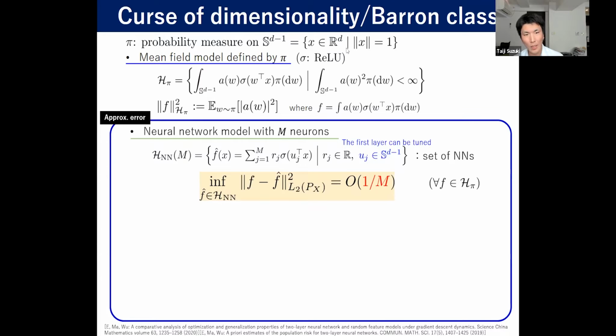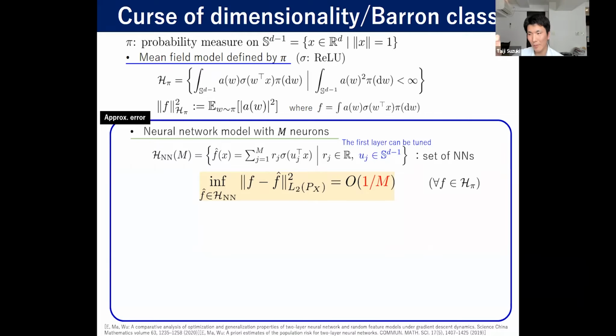More precisely, in the literature of neural networks, taking an average of the output from each neuron is the so-called mean field regime. There are many possibilities for the scaling of the parameters, but in the mean field regime we take an average.